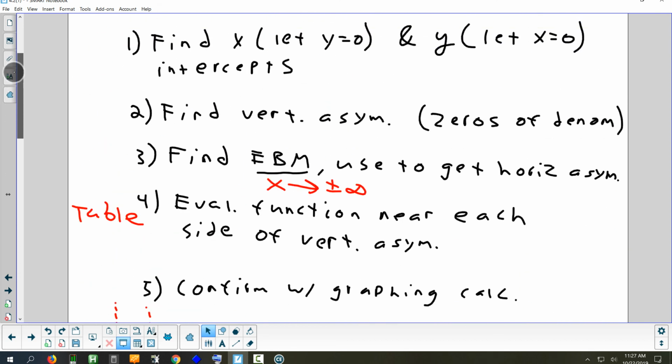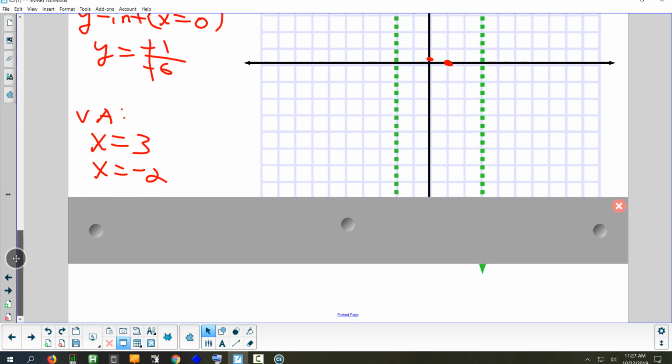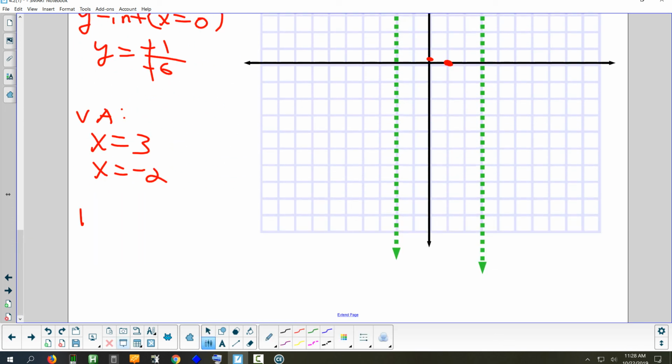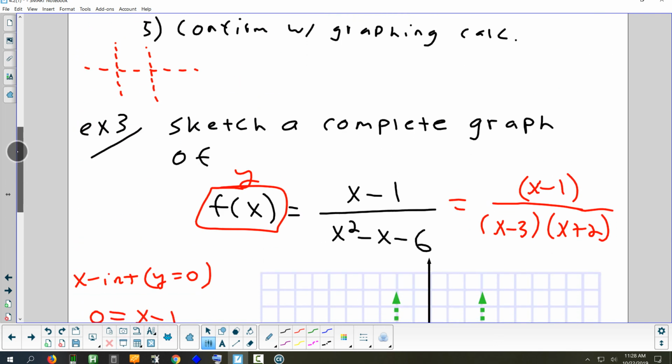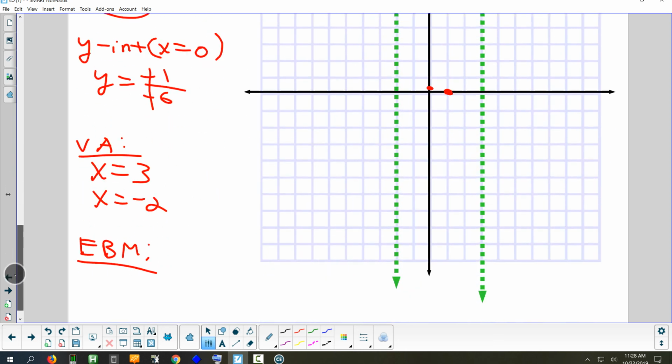All right, so we've done step 1, step 2. Find the EBM. Okay, well, what's my EBM here? 1 over x. Yeah, the EBM is easier to tell from the original unfactored one. To get the EBM, you need the highest degree term. To find that, you'd have to FOIL this out. So we'll go back to the original. X over x squared.